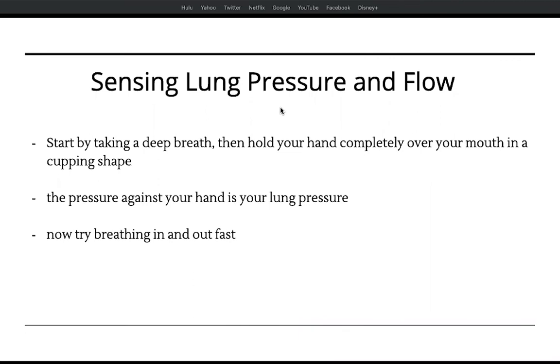Start by taking a deep breath, then hold your hand completely over your mouth in a cupping shape and exhale like this. That pressure that you feel against your hand is your lung pressure. Now, if you try breathing in and out super fast, you'll sense negative pressure and positive pressure.